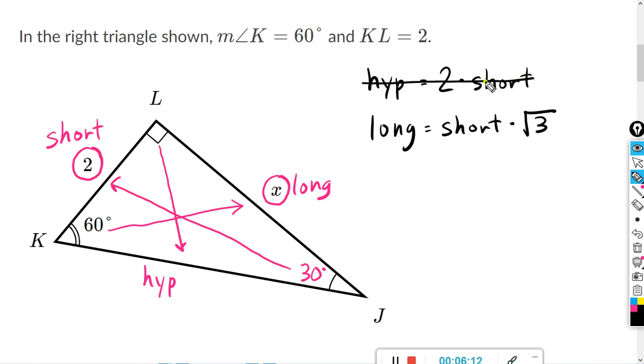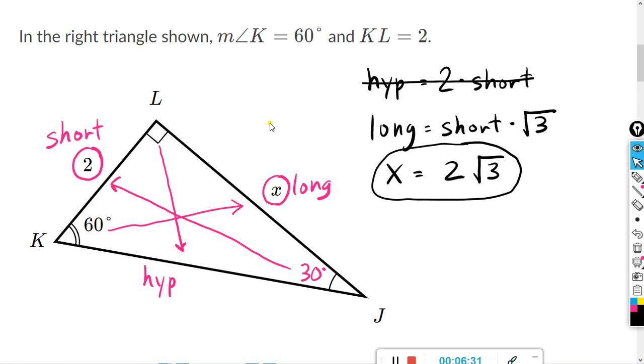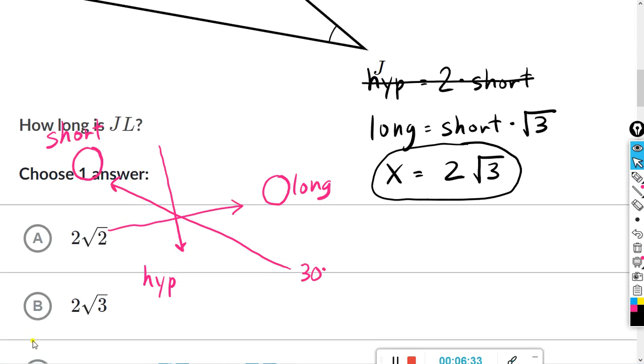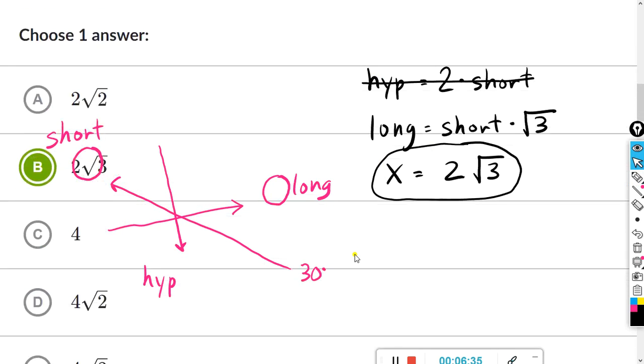All right. So in place of the long leg, the side length is x. In place of the short leg, the side length is 2, and that's times radical 3. Done. So look for 2 radical 3, answer B.